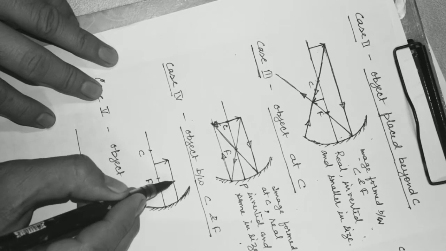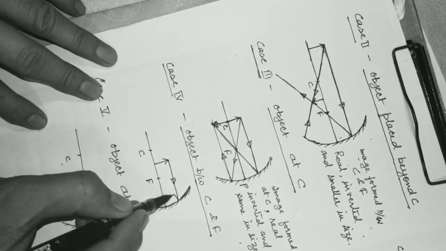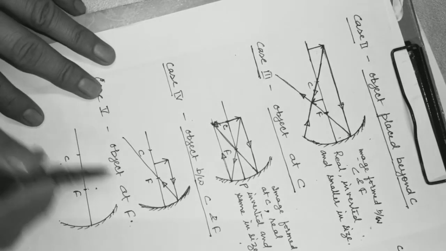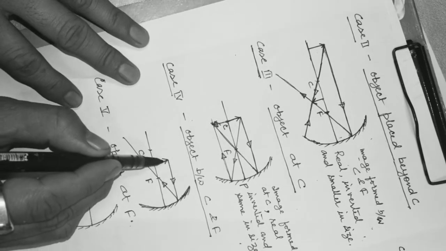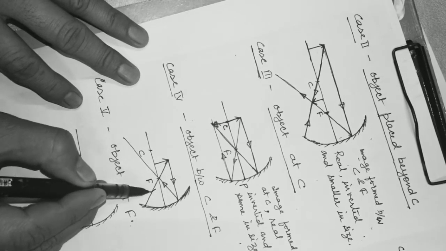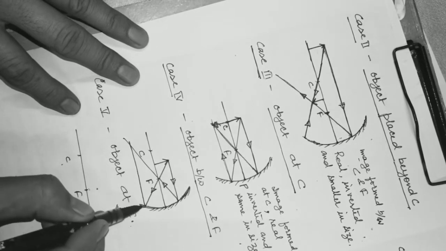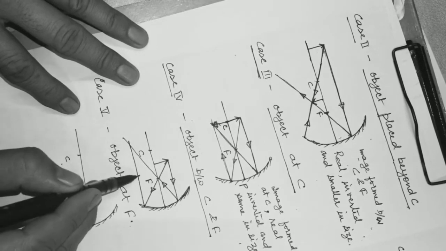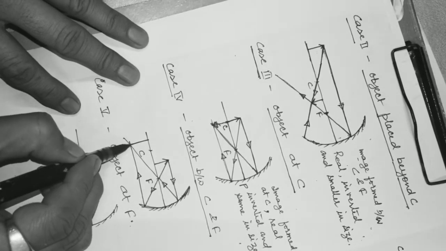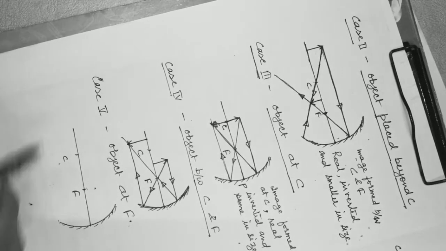Light ray parallel to principal axis after reflection passes through focus, and the second light ray passing from focus after reflection becomes parallel to principal axis and both the light rays will intersect here. The image is formed at this point beyond center of curvature.